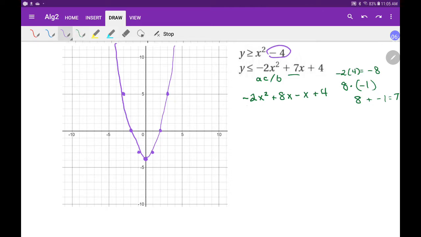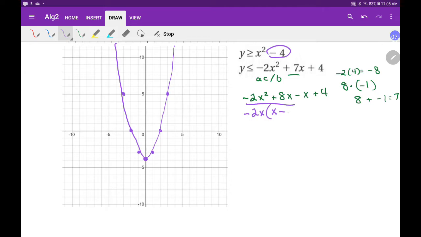And then I look at this and I say, what can I factor out of both of these two? This is why we practice factoring the greatest common factor out. So the greatest common factor in this situation, I'm going to take out a negative 2x. If I factor out a negative 2x, the only thing left behind is an x. I factored out a negative, so this positive becomes negative.